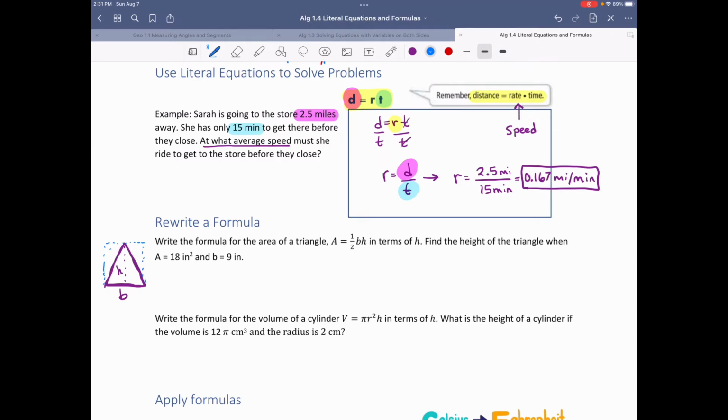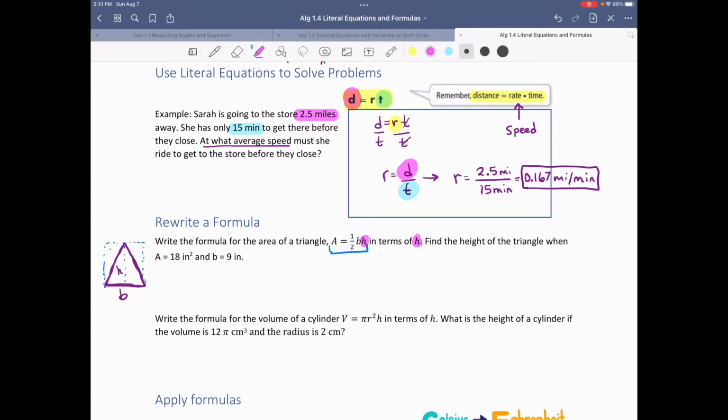So that's where this equation 1/2 base times height comes from. We want to solve that equation in terms of h. So we want to figure out what h is.